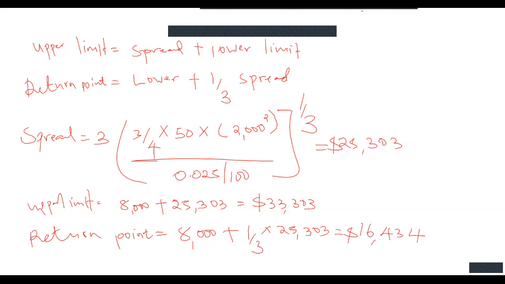The company ought to aim to have the cash balance at 16,434. Then the cash balance will never go above 33,303. Simple as that. That's how you manage.